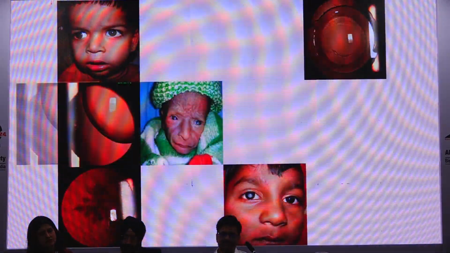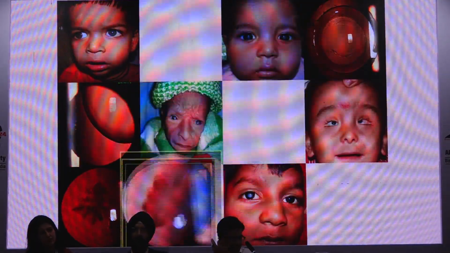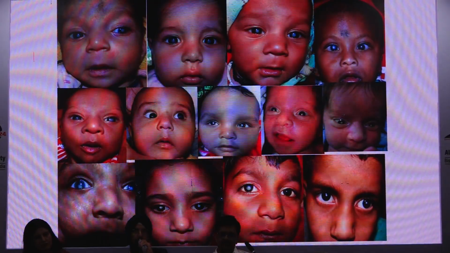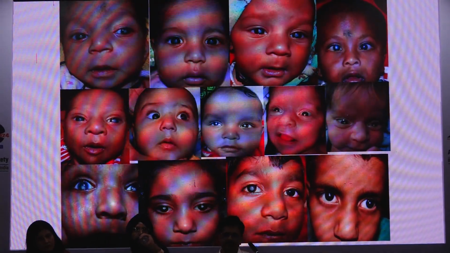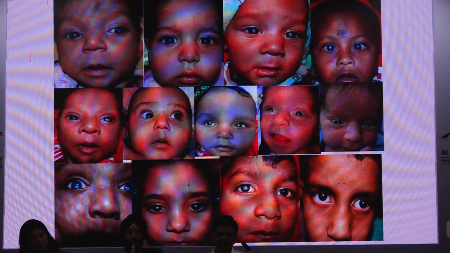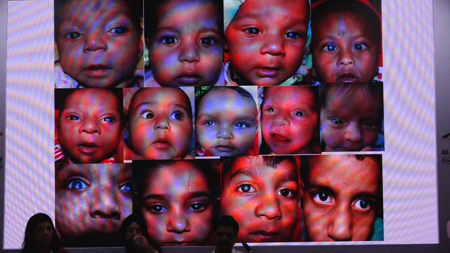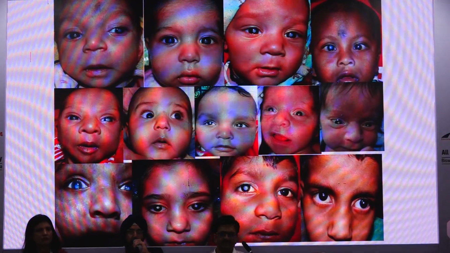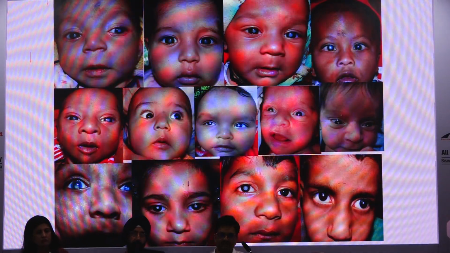While we see these children with pediatric cataract, usually they come with visually significant cataract, and I think I have documentation of more than 12,000 children, their clinical photograph as well as wherever possible slit lamp photograph also.